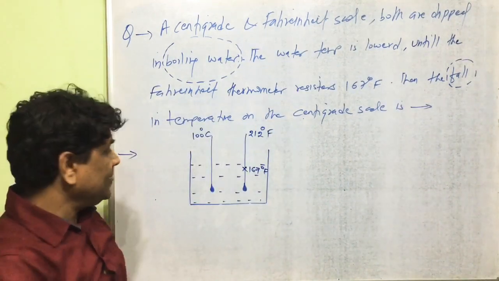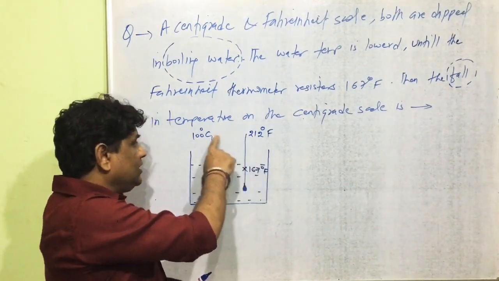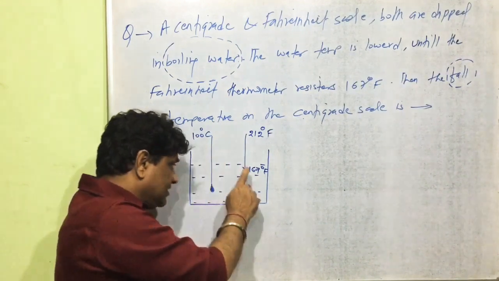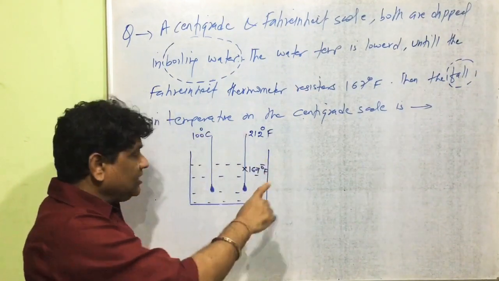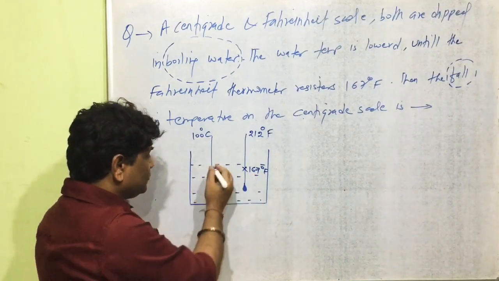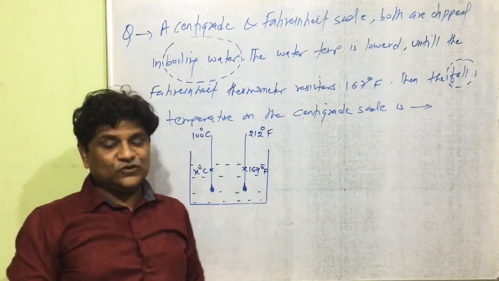Now the question: when the reading on this scale is 212 degrees Fahrenheit, the reading on the centigrade scale is 100. What is the reading when the reading on the Fahrenheit scale is 167 degrees Fahrenheit? Suppose the reading on the centigrade scale is x degrees Celsius.